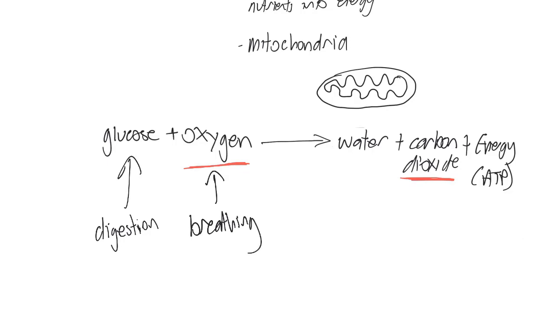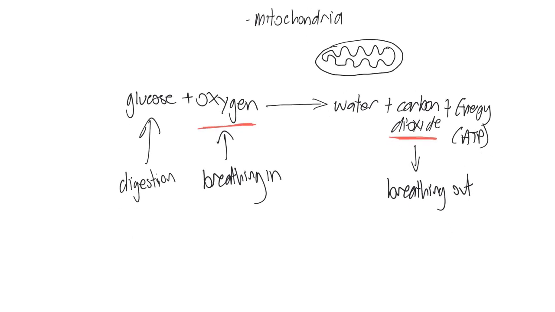And of course, carbon dioxide, so this is breathing in, carbon dioxide is released by the body through breathing out. So you can see how we've got several body systems that work together for cellular respiration to occur.